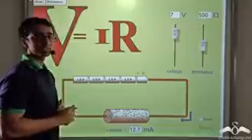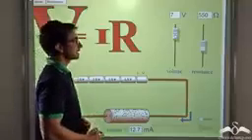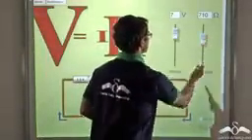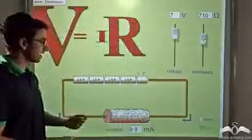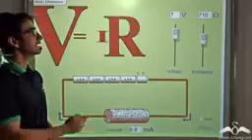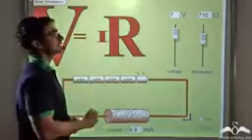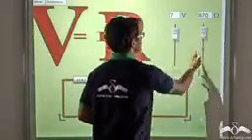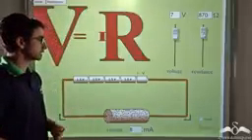Since I is equal to V upon R, for a fixed V, if I increase the value of R, obviously the value of current will decrease. It has decreased to 9.9 milliamperes when I increase the resistance from 550 ohms to 710 ohms. If I increase the resistance further, the current decreases further.